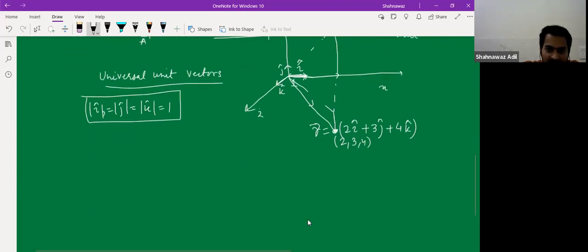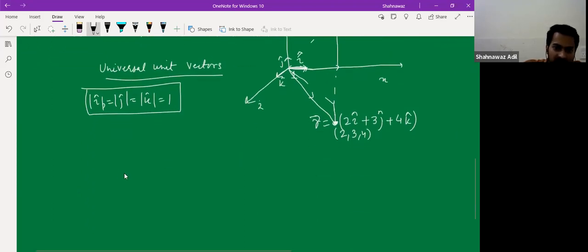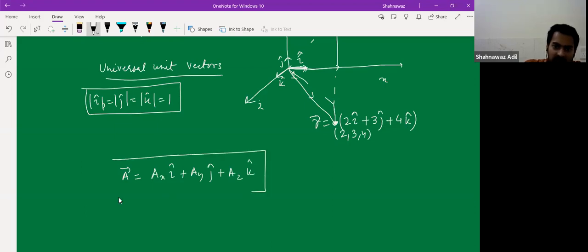So you can write any vector in the universal unit vector form. That would be AX i plus AY j plus AZ k, right? So this is the universal unit vector form of a vector.